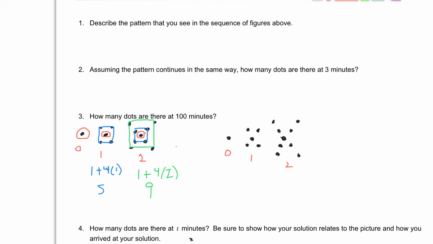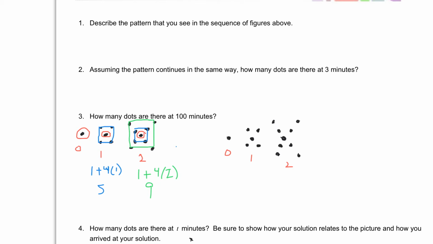So if I keep with that same pattern, to find 100 minutes, for 0, I didn't add anything. For 1 minute, I had 1 set of 4 that I added on. For 2 minutes, I had 2 sets of 4 that I added on.